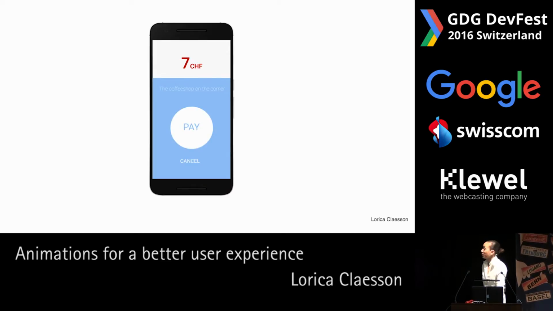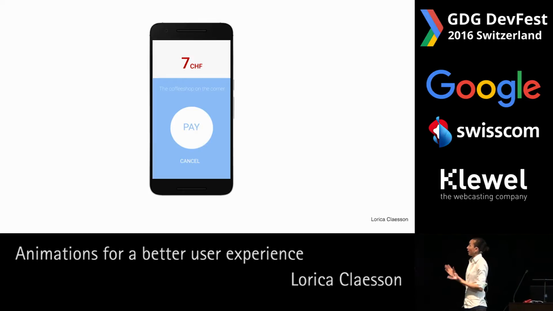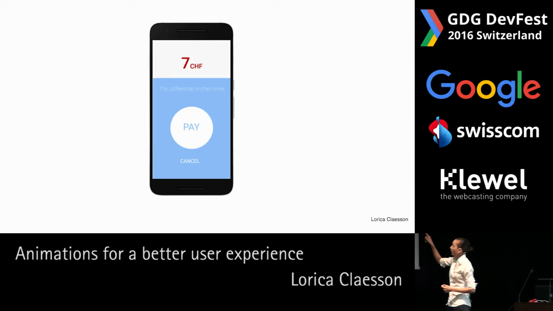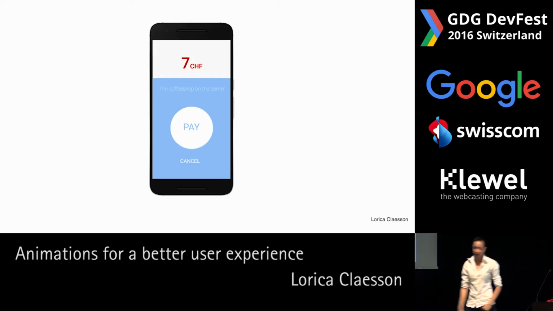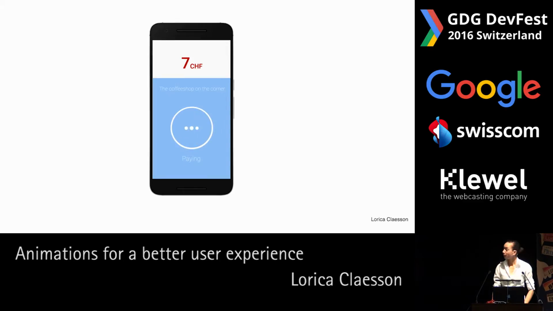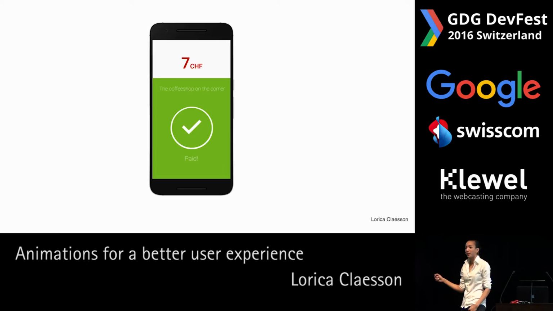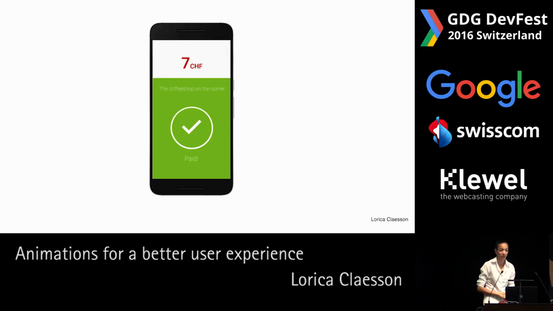Before the time of Twint and Payment and all of those things, it was for a payment app, and the idea was that the user would scan a QR code, and he would know how much he needed to pay, and then he would have this button to press, and as he presses it, data is sent to the server. There's a wait state, and then there's a confirmation. And rather than changing the whole screen many times for this, we just change a part of it, and we make it with transitions and animations, so it's easy to understand.